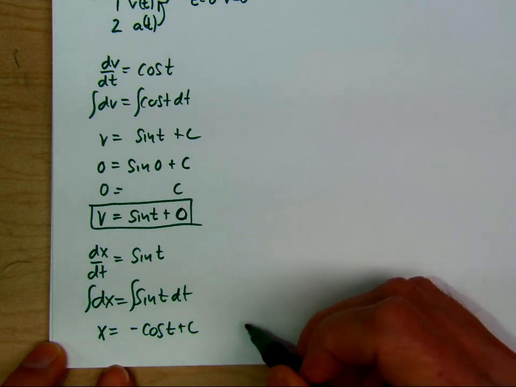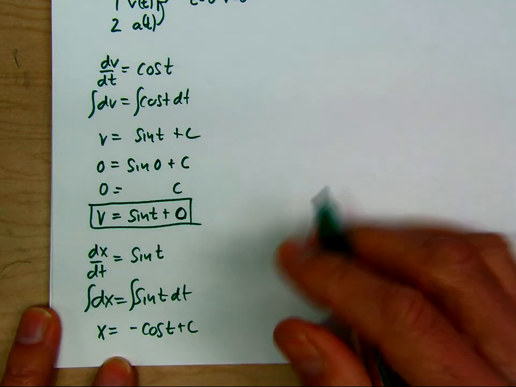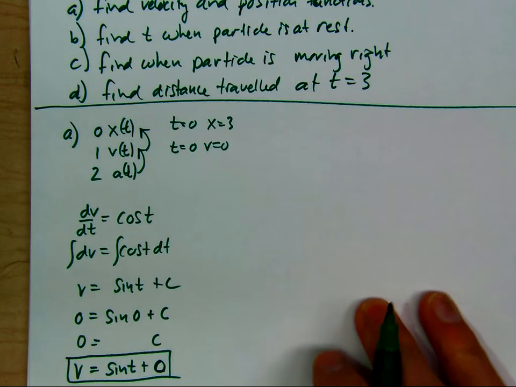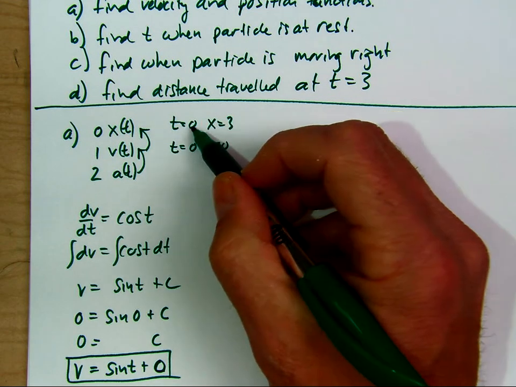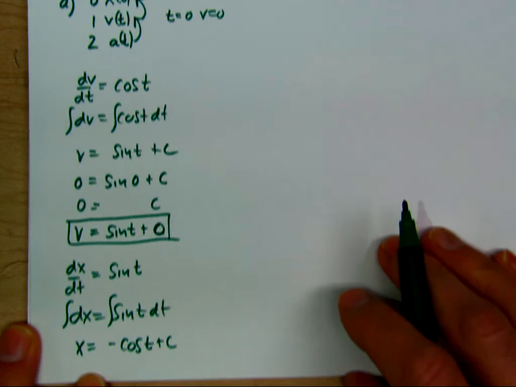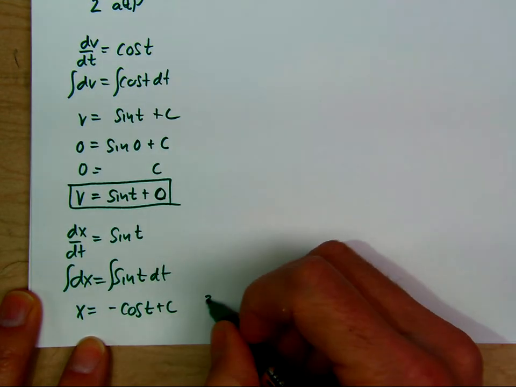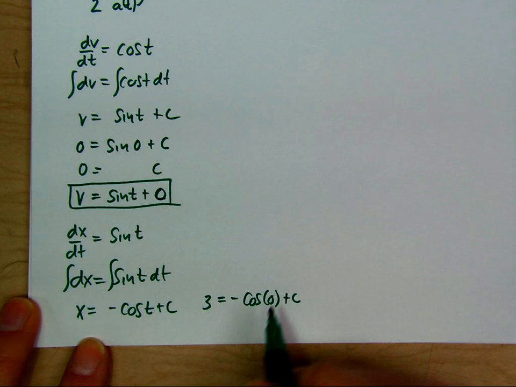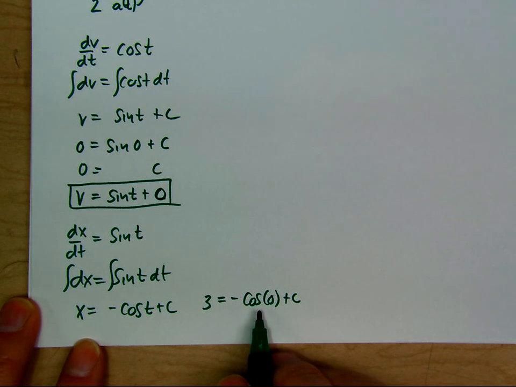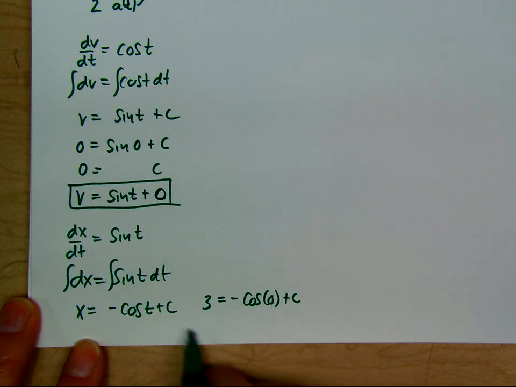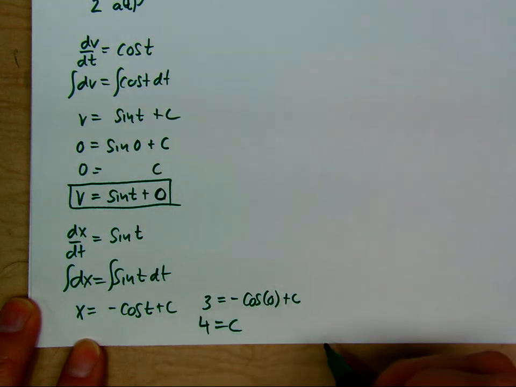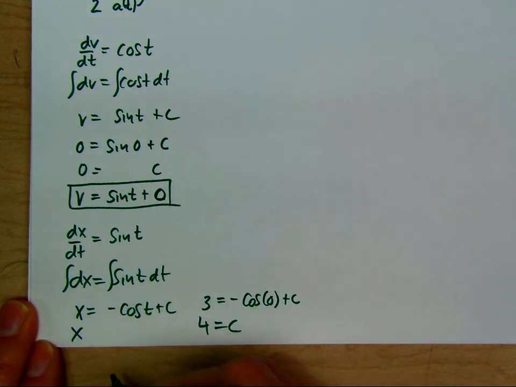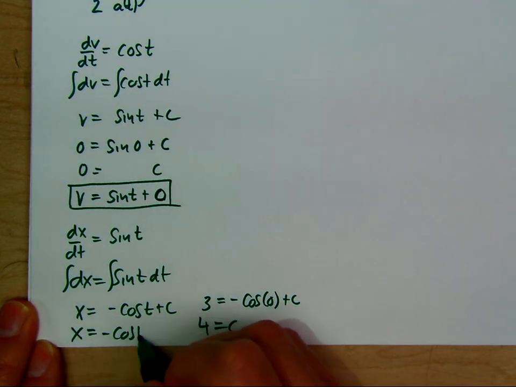We know that x equals 3 when t equals 0. Then we can solve for c. Cosine of 0 is 1. We have a negative 1. We're going to add it, and we get c equals 4. So the position function is negative cosine t plus 4.